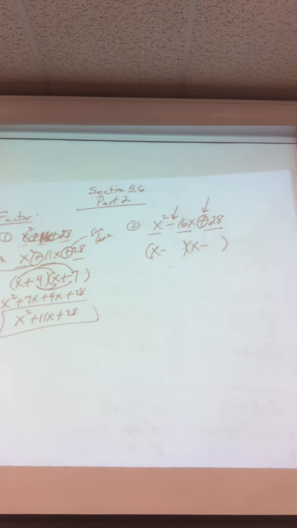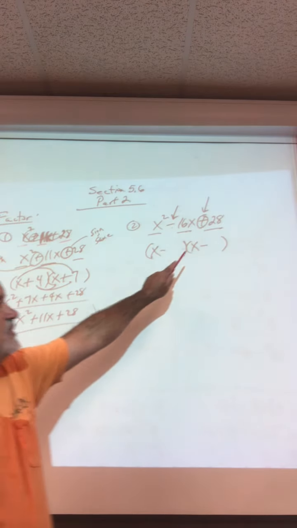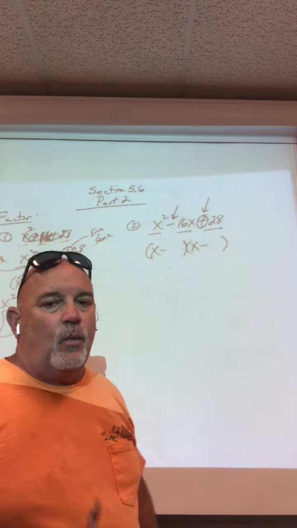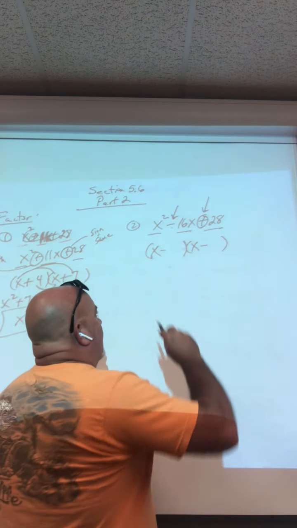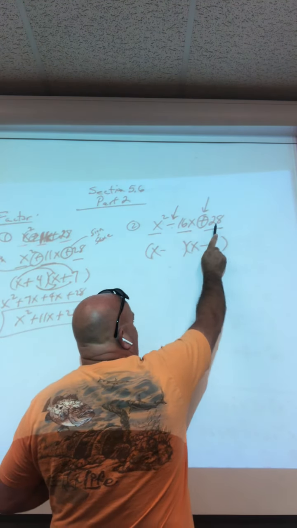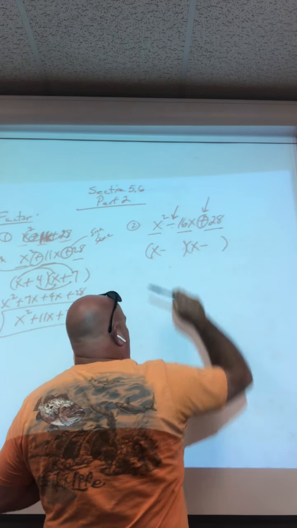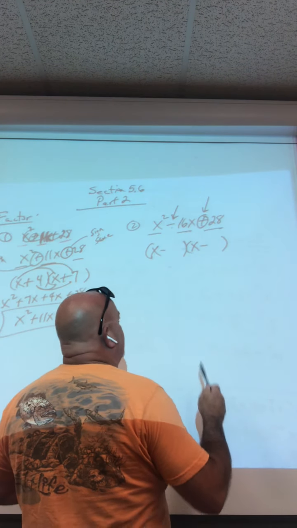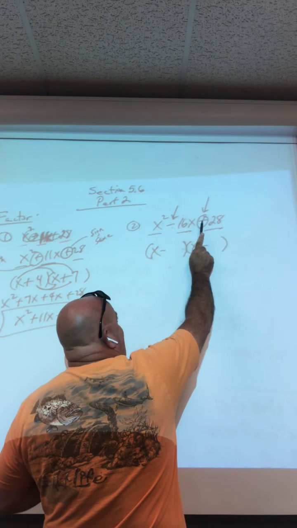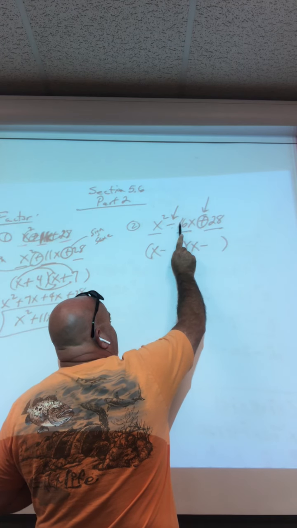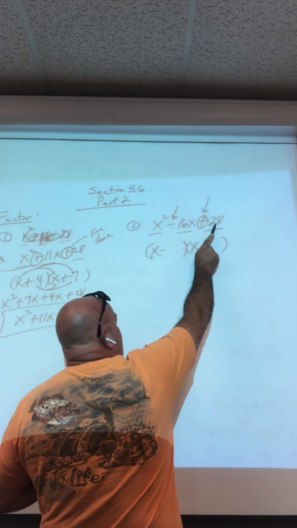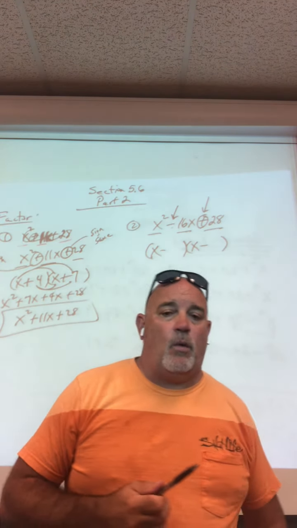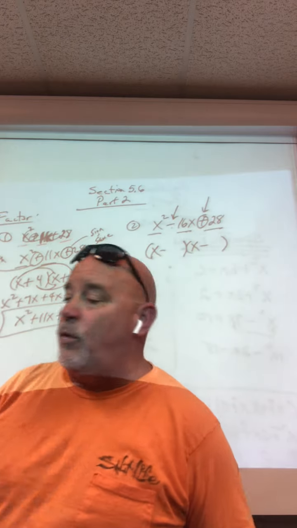Now, how do I finish the problem? To fill in the last two spots, you have to ask yourself two questions. I need two numbers that multiply to 28. That's 1 times 28, 2 times 14, and 4 times 7. But those same two numbers have to add together to give you 16. 4 and 7 won't work, but 2 times 14 will.